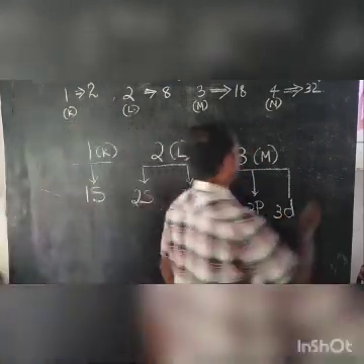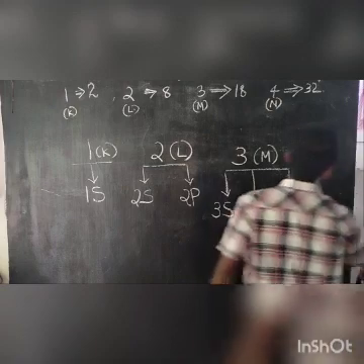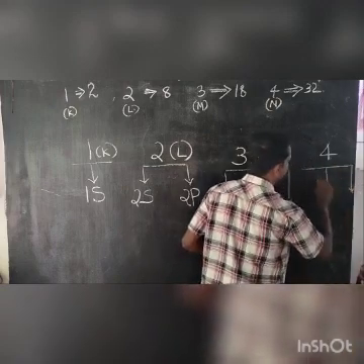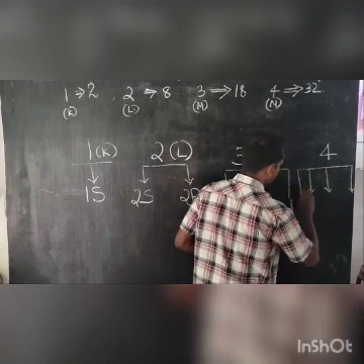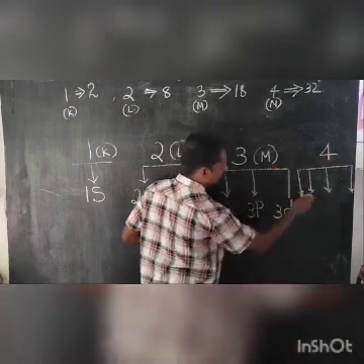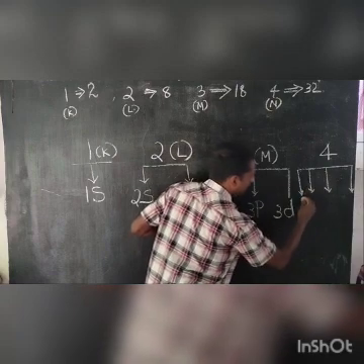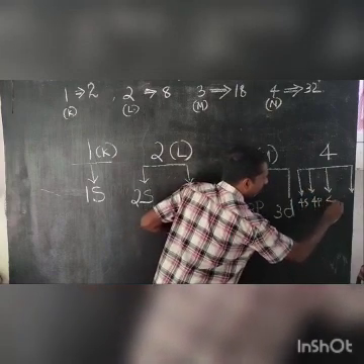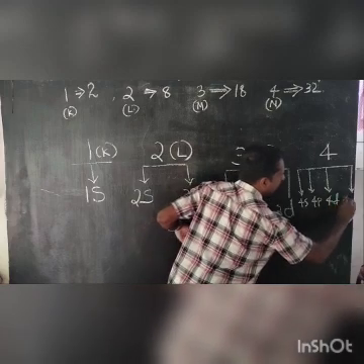Similarly, for the fourth shell there are four subshells. Since these are the subshells of the fourth shell, you can name them 4S, 4P, 4D and 4F.